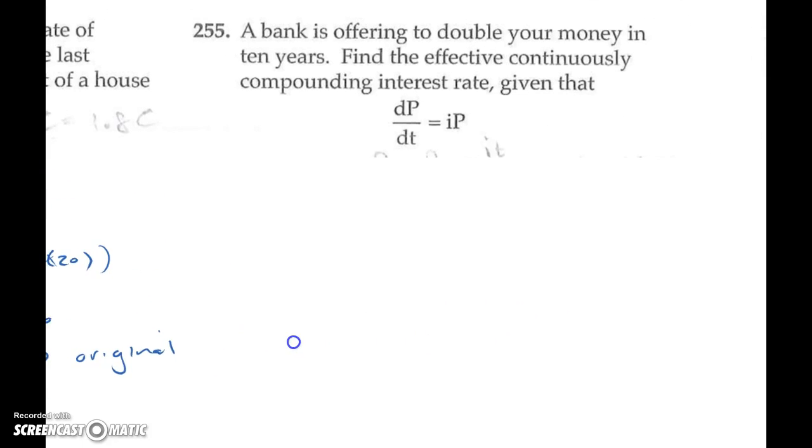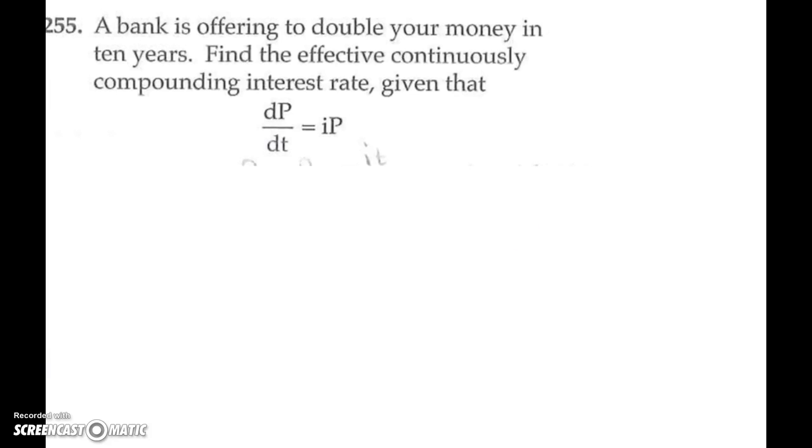I'll do one more. A bank is offering to double your money in 10 years. Find the effective continuously compounding interest rate given that dP/dt is equal to IP. So they've given me the differential equation, which is really awesome of them. Thank you very much.